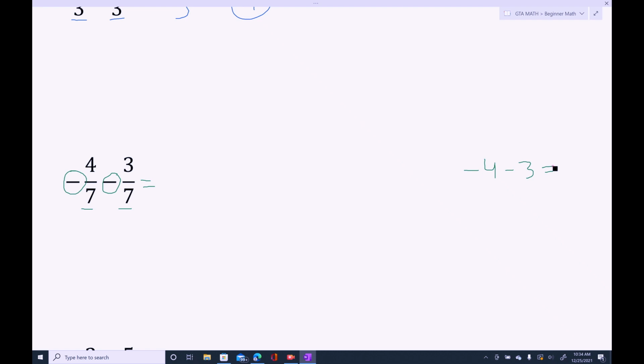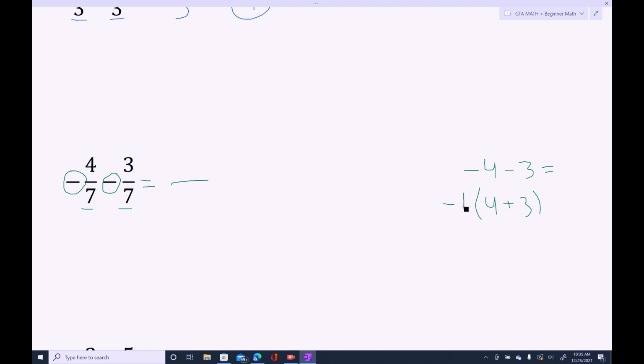Since both of these signs are the same, we're really adding these two numbers together, but we're just keeping the negative. So we're going to end up with 4 plus 3 essentially, because it's really like saying 4 plus 3 and then multiplying it by a negative 1. That's how you can look at it if negative numbers scare you.